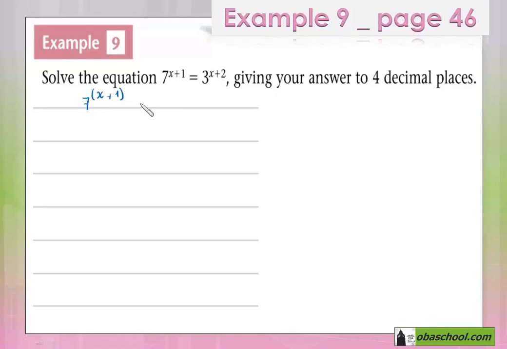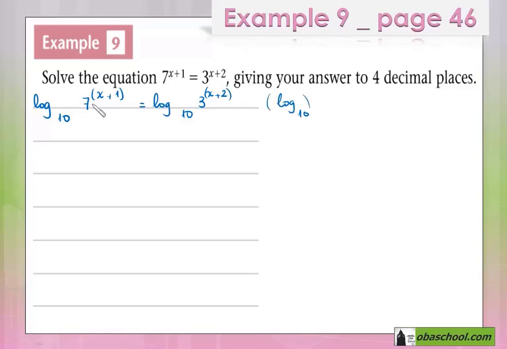Here we have our first term 7 to the power x plus 1 equal to 3 to the power x plus 2. What we did in the previous tutorial is that we introduced log base 10. We're going to introduce it again, as you can see here, also on the other side of the equal. Now it is a bit easier to solve.